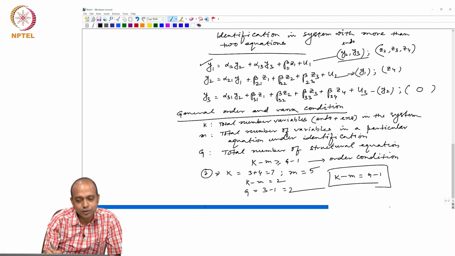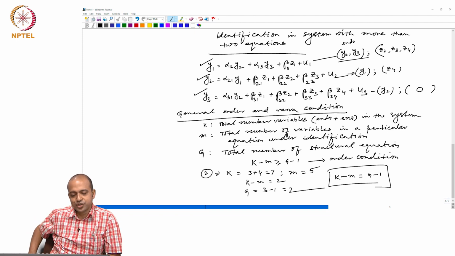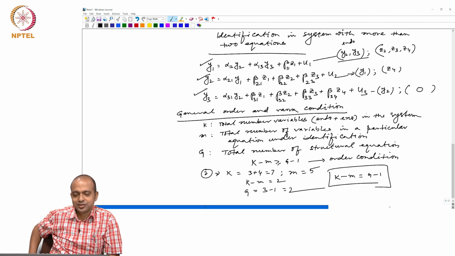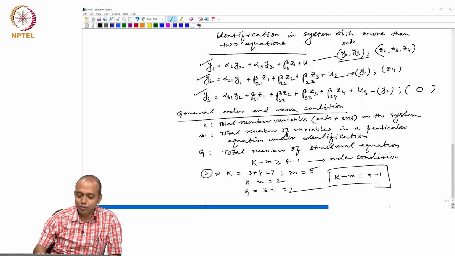For y1 I have one, for y2 I have one, for y3 I have one structural equation. That is why G minus 1 is basically the number of endogenous variables minus 1. Okay. So, that is how it makes sense.